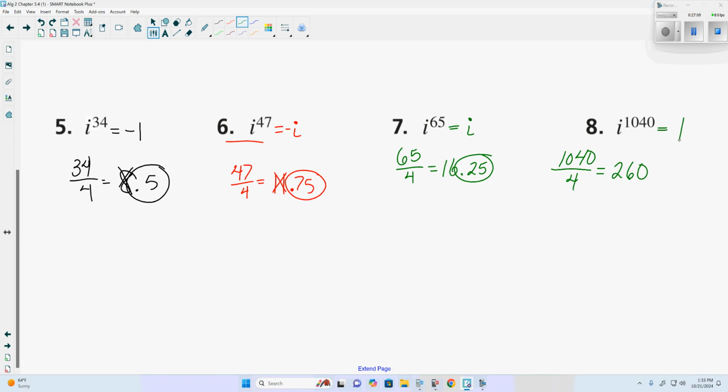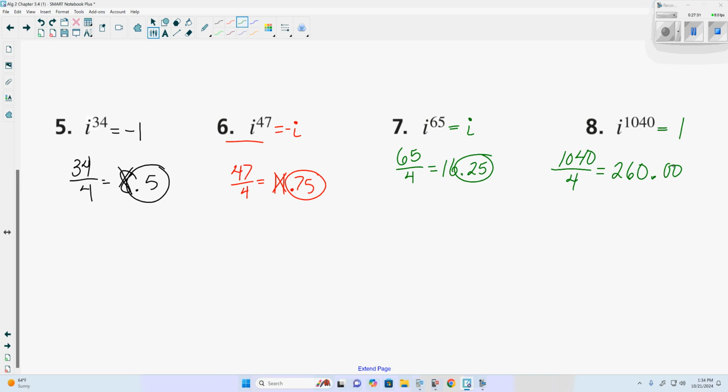Because even though the decimal is not given to us, it's understood to be what? 0.00. Questions on how we found any of these here?